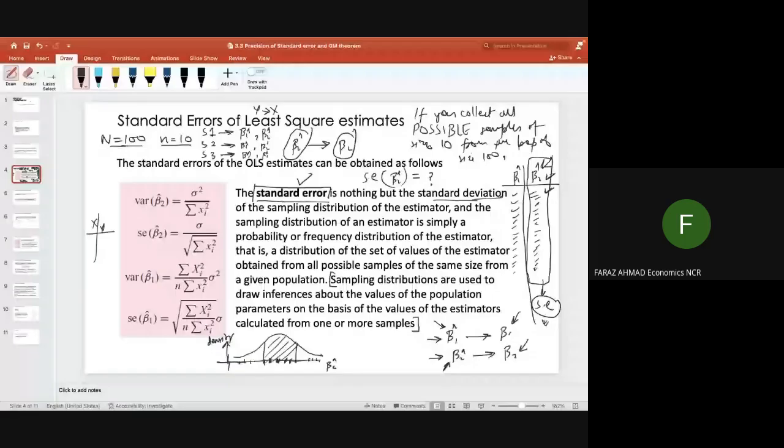So standard error is the standard deviation of the sampling distribution of the estimator, actually, and the sampling distribution of an estimator is simply a probability or frequency distribution of the estimator, which I have drawn here. And this is nothing but a distribution of the set of values of the estimator, which is beta 2 hat, obtained from all possible samples.